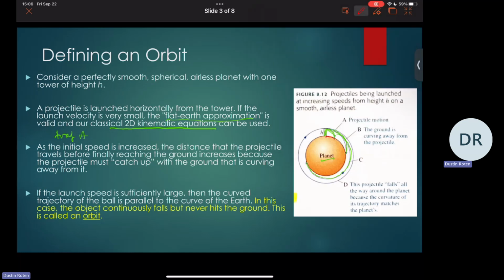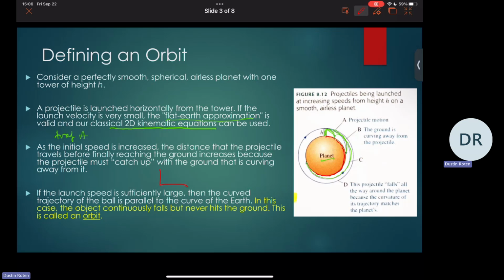So essentially the idea is that we also have this curvature moving away from this projectile that's trying to get back to its initial height, because all objects, when we do flat Earth approximations, when you release them, they want to get to a vertical height of 0.